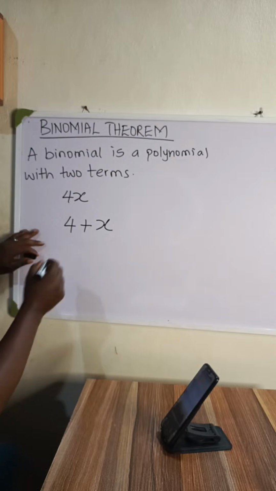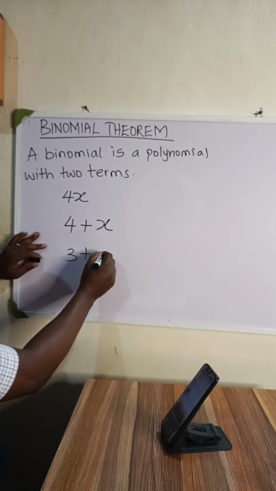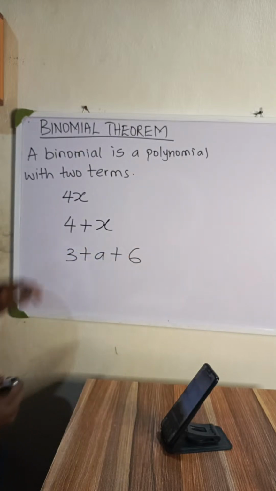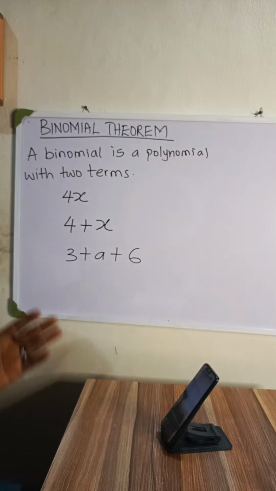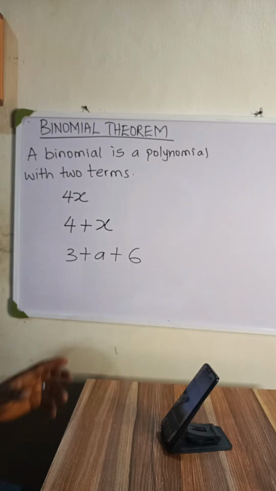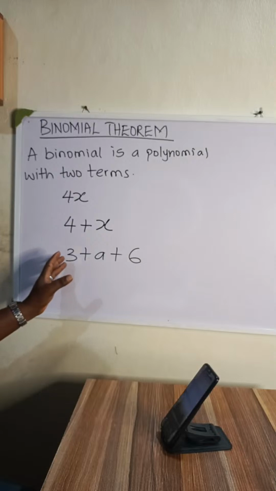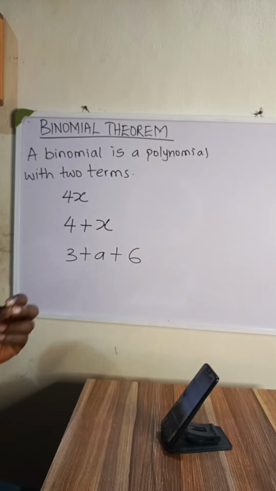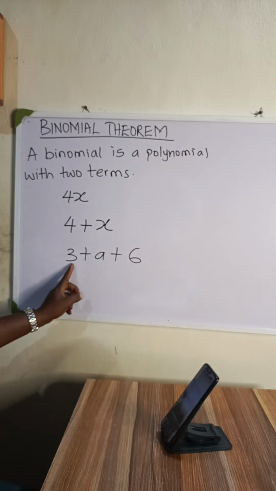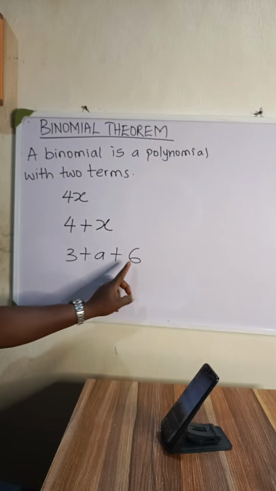If I also have 3 plus a plus 6, this is not a binomial because it has 3 terms. Term 1, term 2, and term 3.